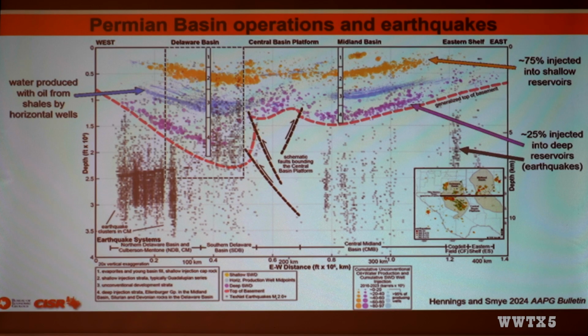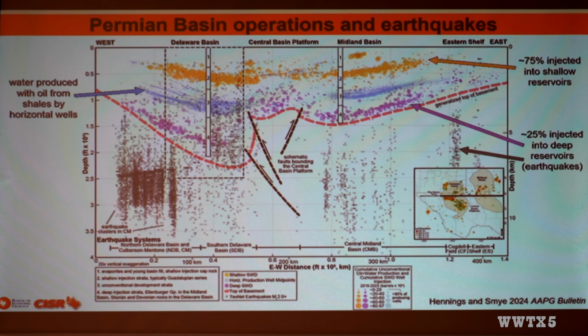So here is a projection and a cross-section along the New Mexico-Texas state line, showing all the various formations. The red dotted line represents the limit between the basement and the sediments, and the yellow dots on top represent all the injection wells in the DMG, the Delaware Mountain Group, or the San Andres. All the blue dots represent the wells being fracked, and here are the wells injecting in what we call the deep horizon, which is below the Wolfcamp, beneath the horizon being fracked.